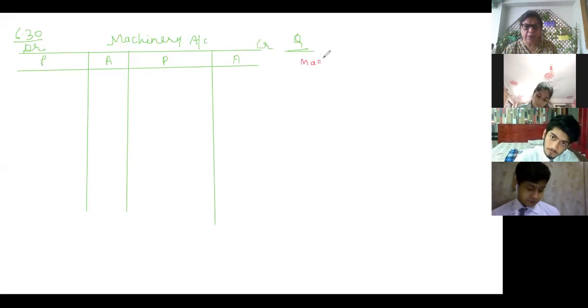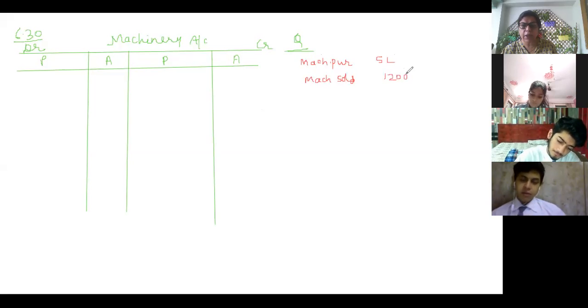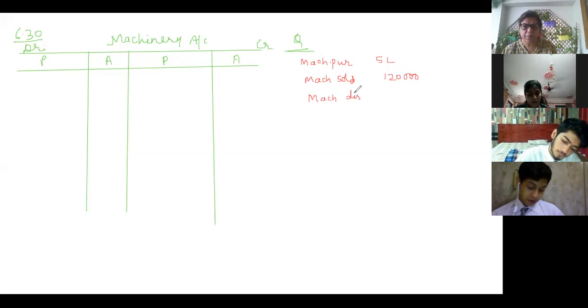Machinery purchase 5 lakh. Old machinery sold 1,20,000. Old machinery discarded 50,000.